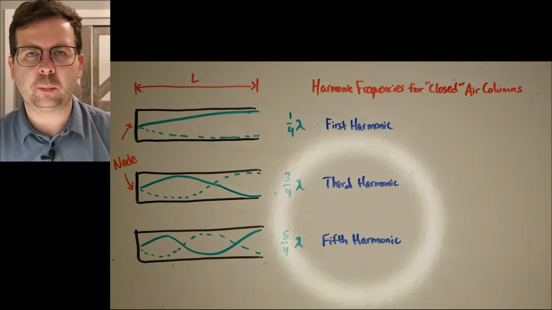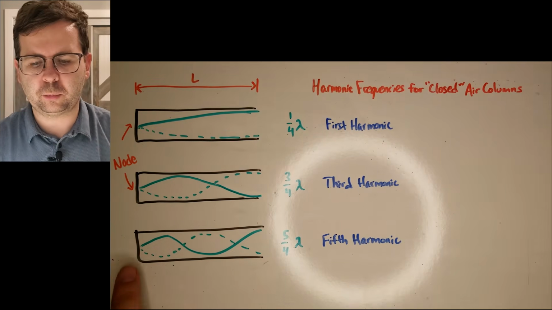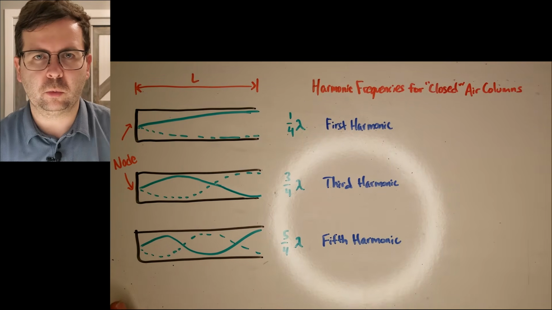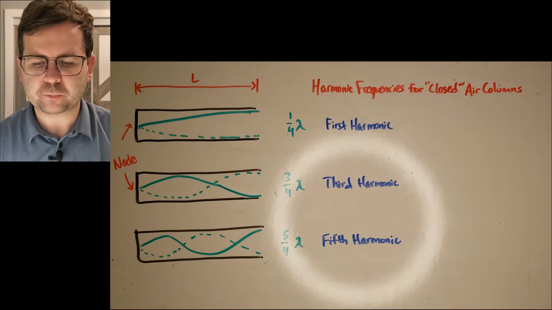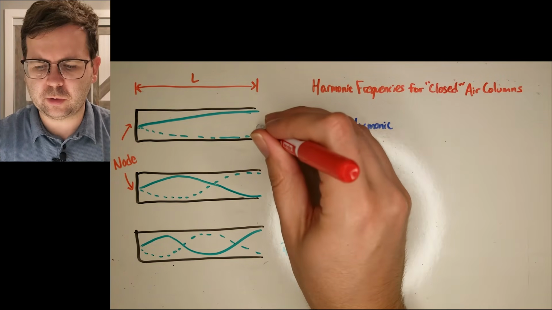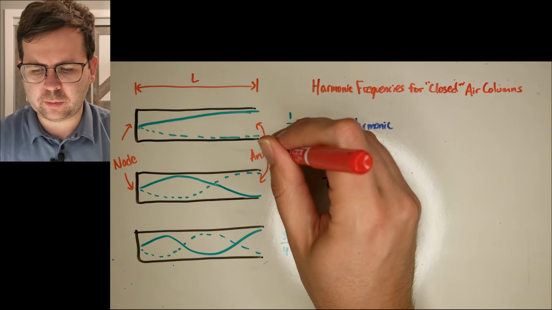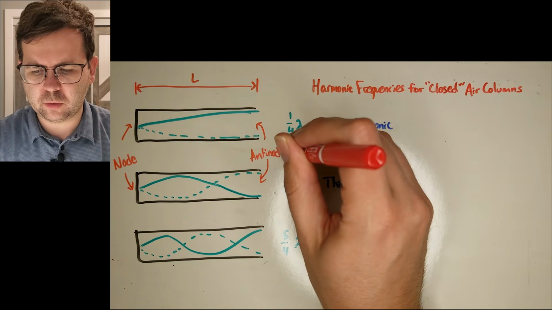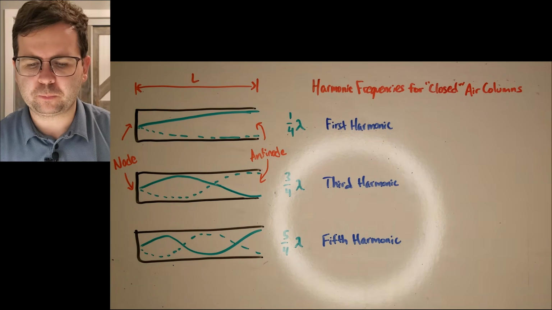A node is a part of a standing wave where there is no displacement. And because this part is closed, there's not going to be any room for displacement of the air molecules in this part of the pipe. At the other end, we have an antinode. We are at the other end of the standing wave, and this is the part where there's maximum displacement.